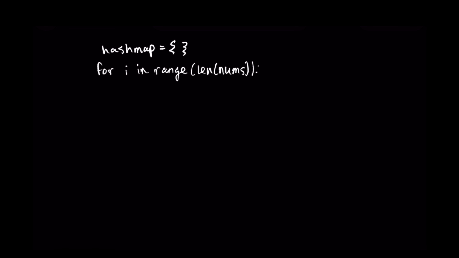And then we're going to have the same logic. We're going to try and find our complement to where we currently are in the array. And complement is equal to our target minus the current position we are in the array.